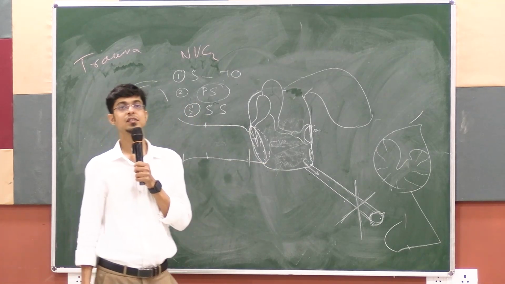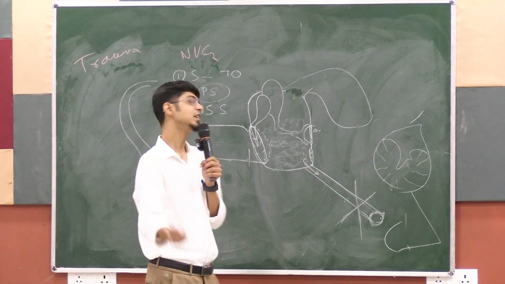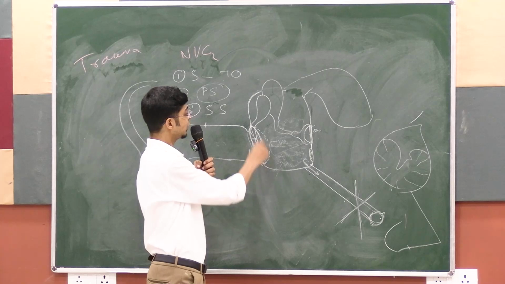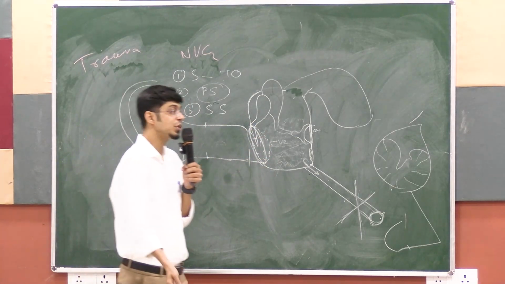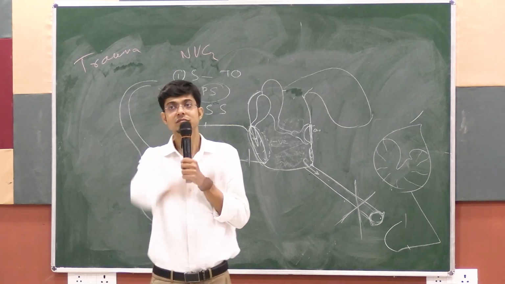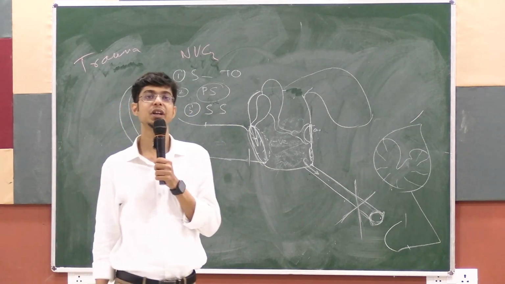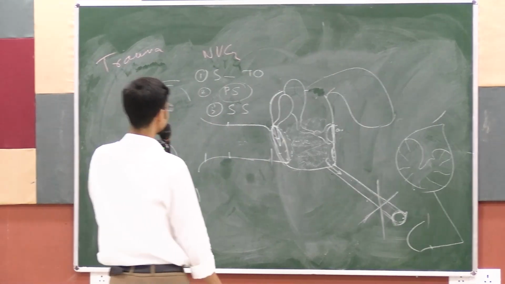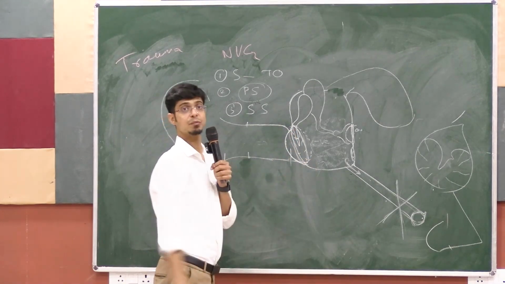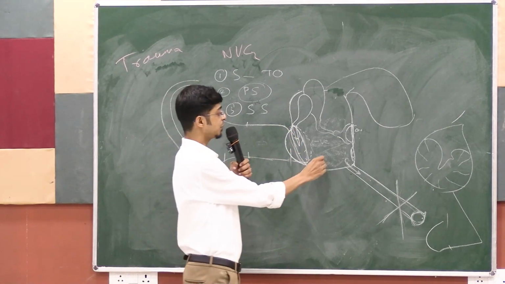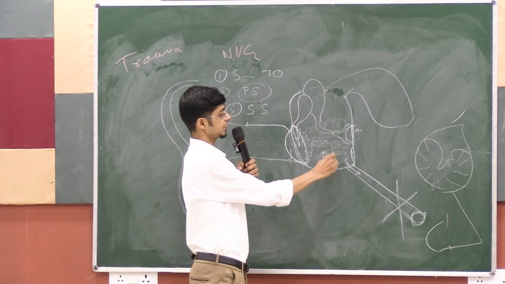So once the pus starts to collect, like I said, this is the only soft part or only pliable or malleable part of the entire middle ear cavity. So what happens is it bulges out. So there is a bulge of the tympanic membrane outside because now the middle ear pressure has increased.